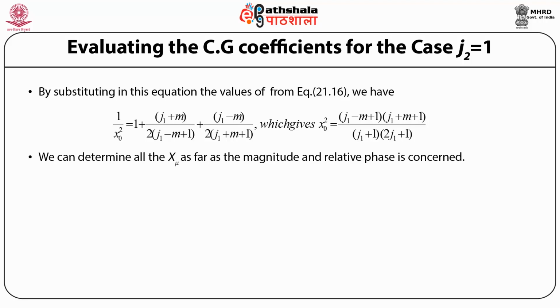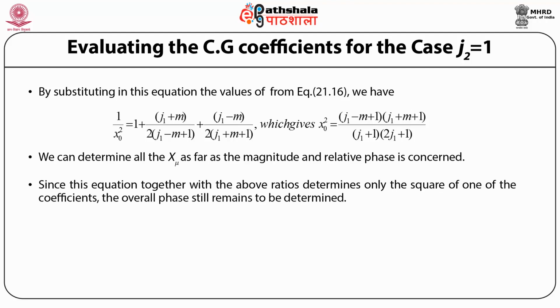We can determine all the x_mu's as far as the magnitude and relative phase is concerned. Since this equation together with the above ratios determines only the square of one of the coefficients, the overall phase still remains to be determined.